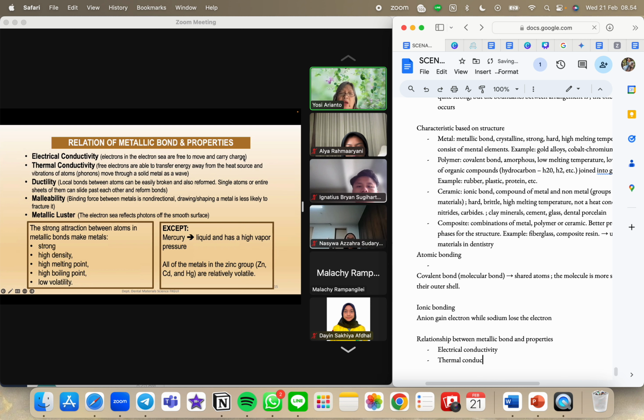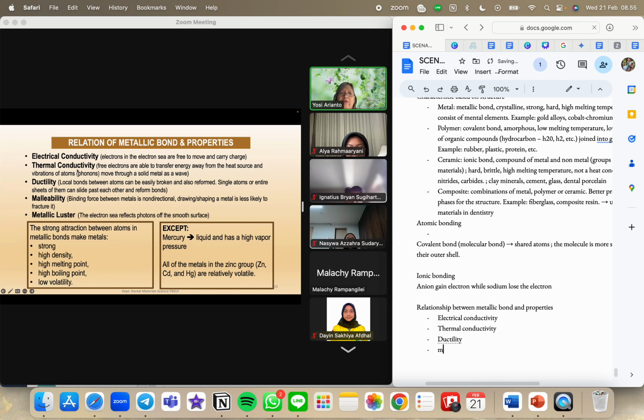That's why the metals with the metallic bond have electrical conductivity. Also thermal conductivity. So the free electrons are able to transfer energy away from the heat source and the vibration of the atoms. And then it will give the thermal conductivity.